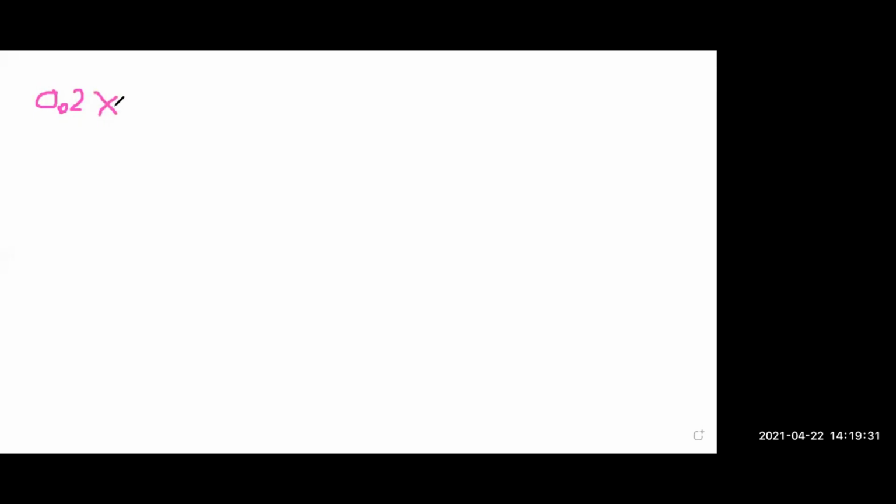Okay, so I'm going to give you guys this little cheat sheet. If the number is 0.2, what can I multiply that by to equal 1? 5.